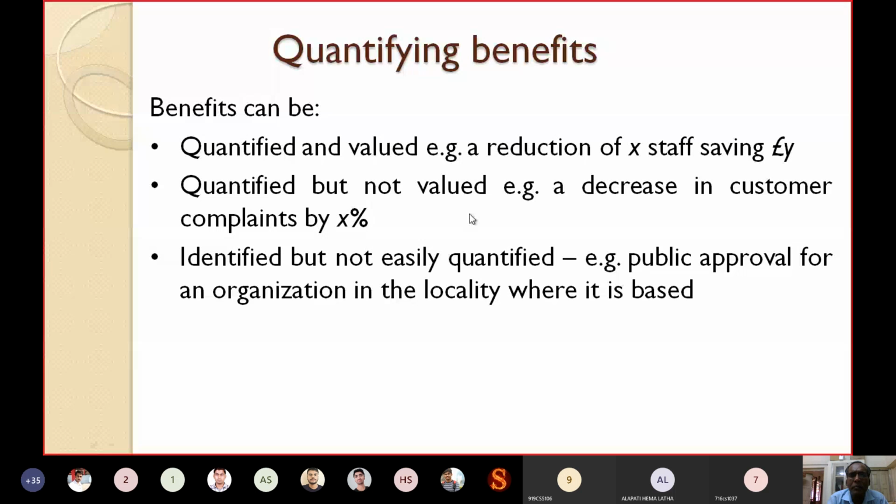Another is benefits which can be identified but not easily quantified. You can identify that this is a benefit, but cannot easily quantify how much benefit. For example, public approval for an organization in the locality where it is based. Now, I'm giving an example. Suppose Airtel wants to put up their mobile tower inside the NIT campus.